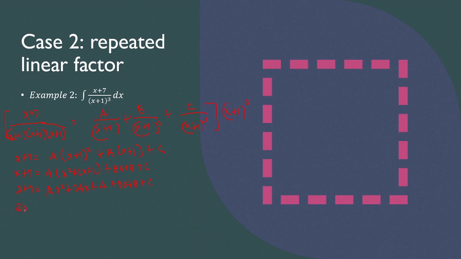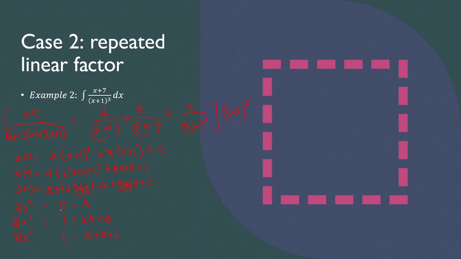So at x squared, at x. Let's do x squared first. Here it is 0. Here it's only a. Now for x to the power of 1, we have 1 is equal to 2a plus b. For the constant, 7 is equal to a plus b plus c.